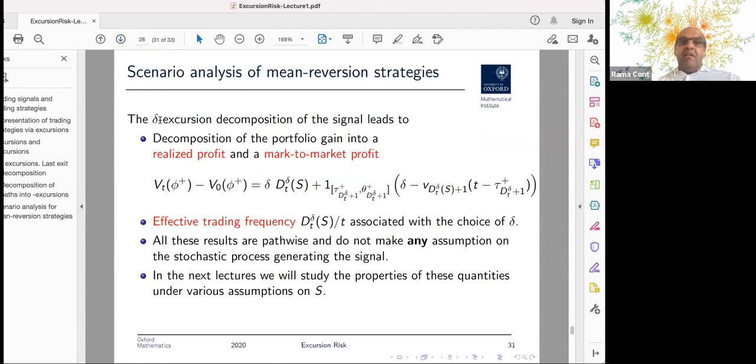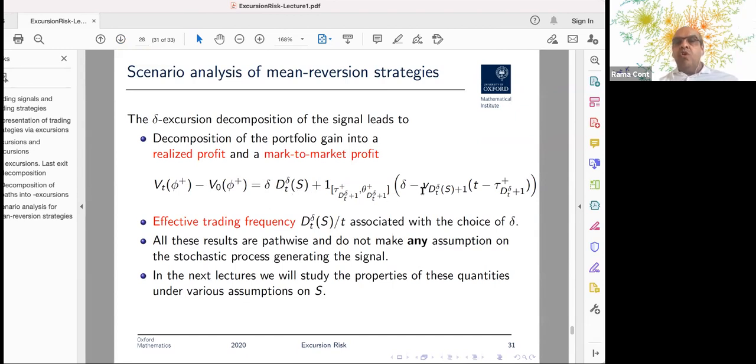First of all, the delta excursion decomposition of the signal leads, as I already commented, to a natural decomposition of the portfolio gain into two terms. The first term can be interpreted as a realized profit: how much gain I made from the previous trading cycles, just the gain per cycle, delta, times the number of cycles.